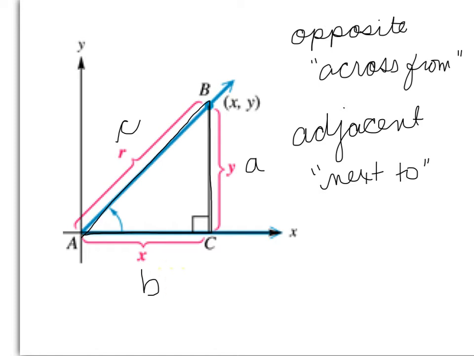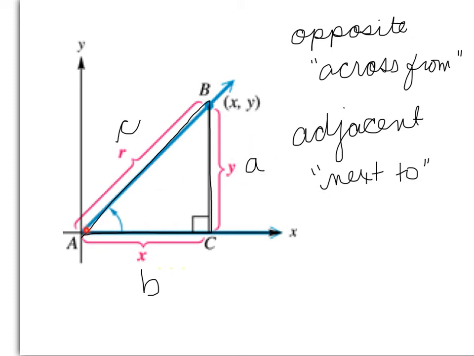Side B is adjacent to angle A. We never reference a side as being adjacent to the right angle. We never reference the hypotenuse as being adjacent to either of the acute angles. The hypotenuse is the hypotenuse, that's all it ever is. The right angle is the right angle, that's all it ever is. A and B are the ones that can change.